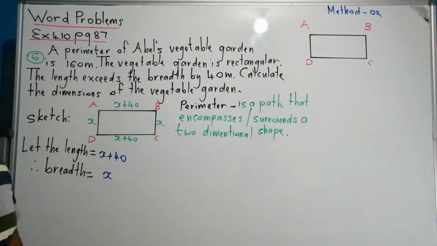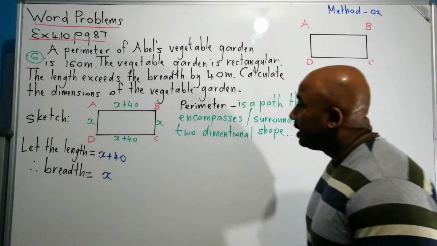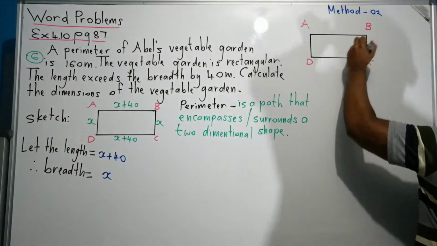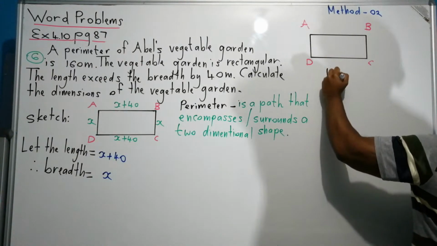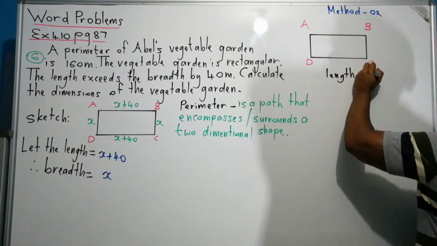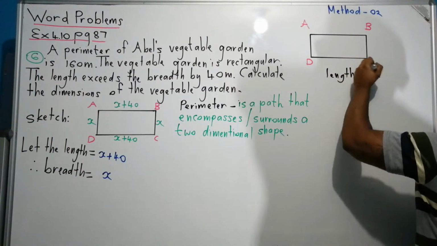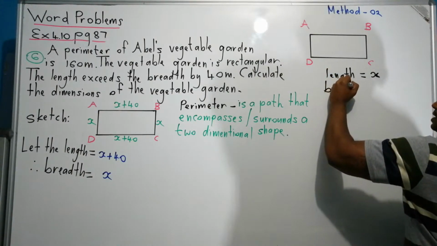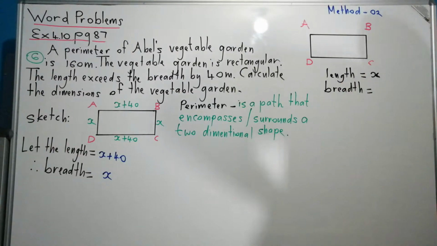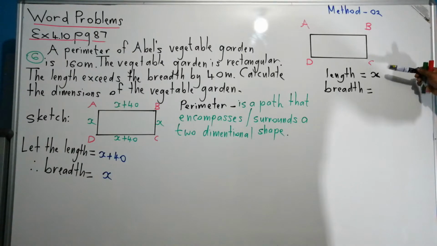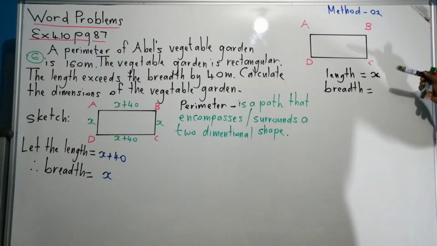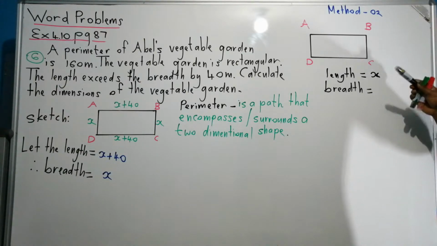While I'm on this example, what happens if you decided to do it the other way? Let's say here you want to let the length equal x. So how will we label the breadth? What do we know? If the length is 100, the breadth will be 40 less than the length.